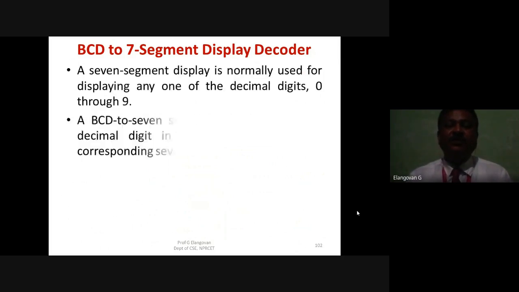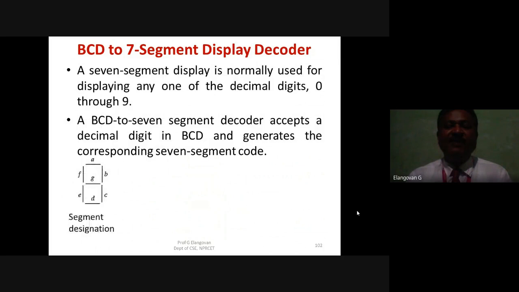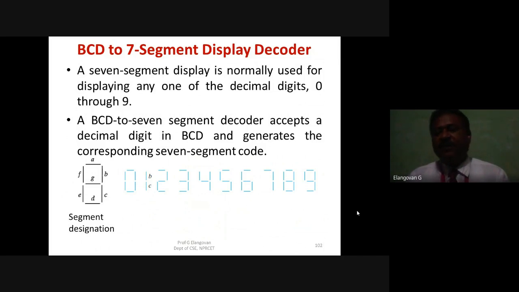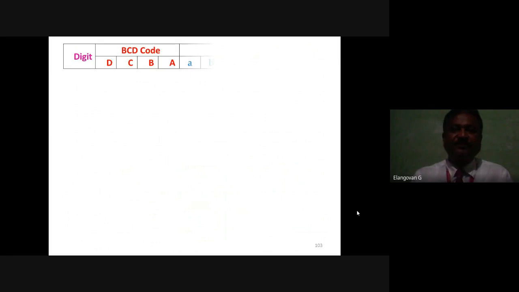So the 0 to 9 decimal numbers will look like this. This is a well-known thing. It has the 7 segments A to G, and which segment is to be turned on or off has to be decided. Accordingly, the BCD number is going to be displayed on that 7 segment display.